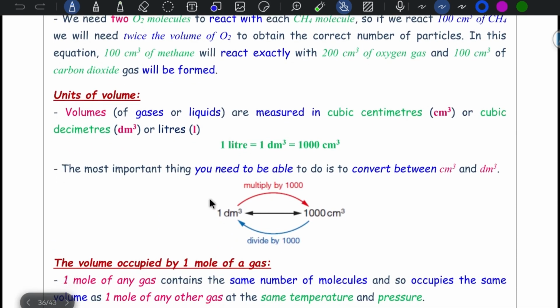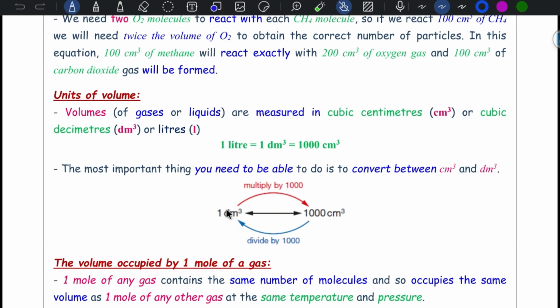Units of volume of gases or liquids are measured in cubic centimeter, cm cubed, or cubic decimeter, dm cubed, or even liter. 1 liter is equal to 1 cubic decimeter or 1000 cubic centimeter. But in this case, we'll talk about 1 cubic decimeter and 1 cubic centimeter as we mentioned. 1 cubic decimeter is equal to 1000 cubic centimeter.